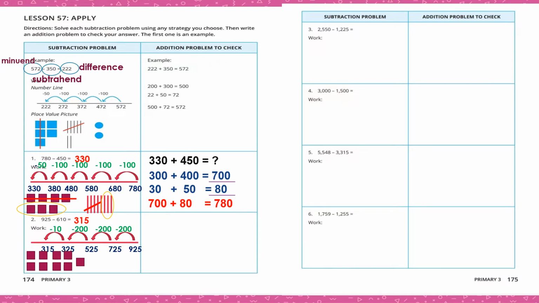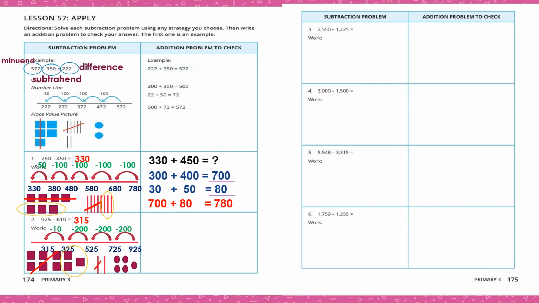Let's make it by place value picture. 925. 900, it means 9 big squares. 20, it means 2 sticks. 5, it means 5 dots. Okay? We wanted to cancel 610. 600, cancel 6 big squares.